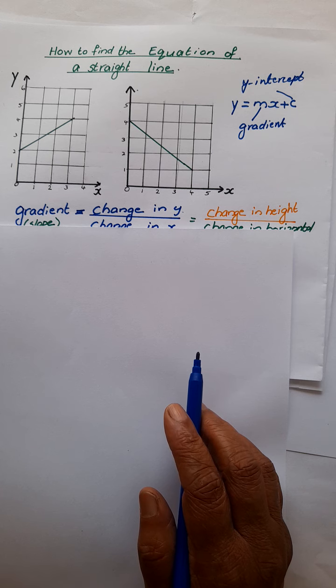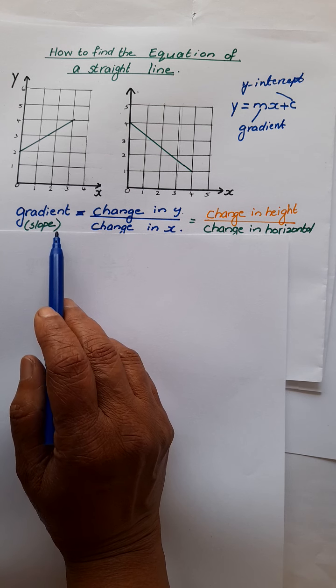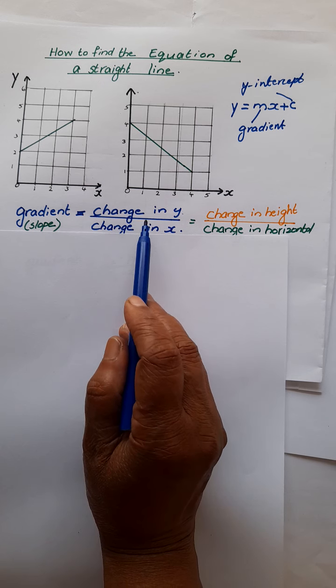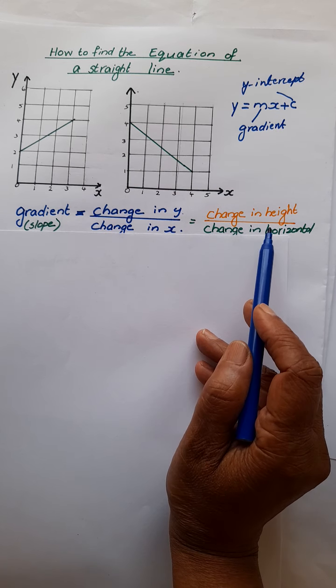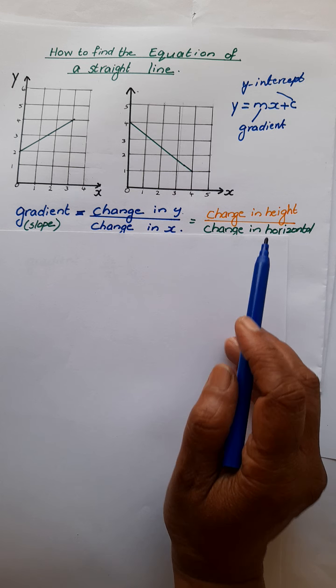To find the gradient, we have to use a formula. This is the formula. Gradient or the slope is the change in y over change in x, meaning change in height over change in horizontal distance.